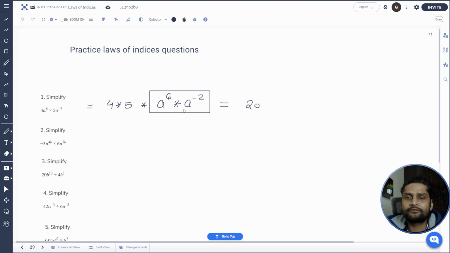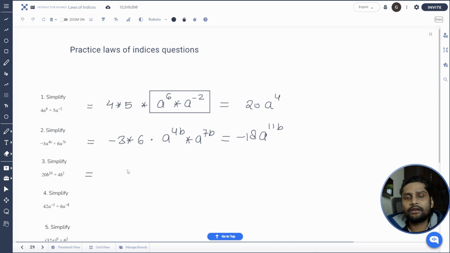It doesn't matter of course, but just because we are learning laws of indices, we are emphasizing on that. So the powers get added. 6 plus minus 2 becomes 4. Simple. Same thing here, we have algebraic exponents. Keep the coefficients aside, and then we have to add the exponents again because the bases are still similar. That's going to be a raised to the power of 4 plus 7 is 11b.